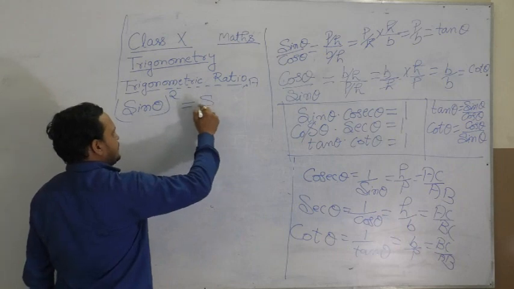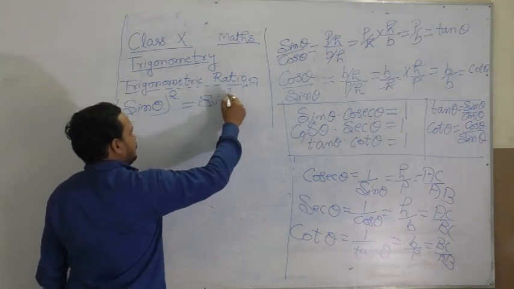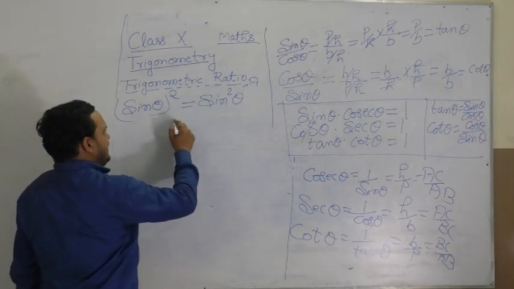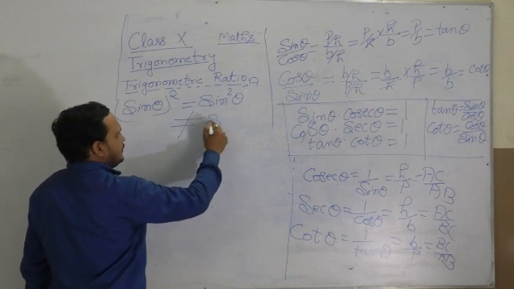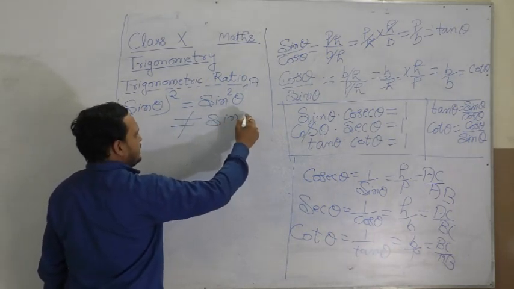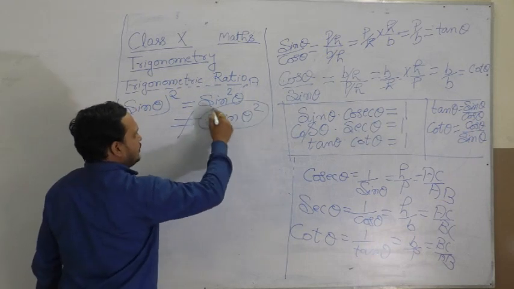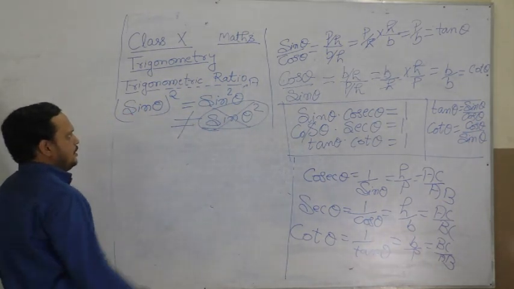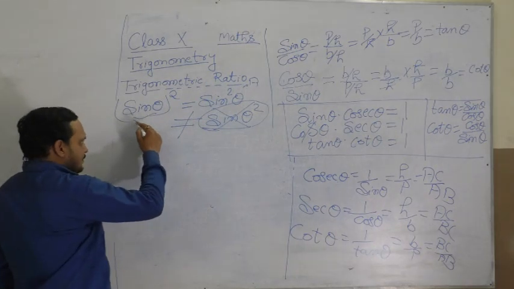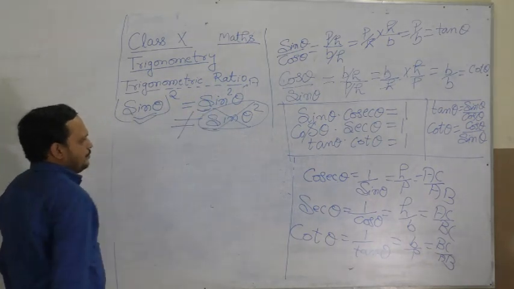It may be written as sin square theta. It may not be written as sin theta square. This is the wrong way. You can write the square in this form or in this form.